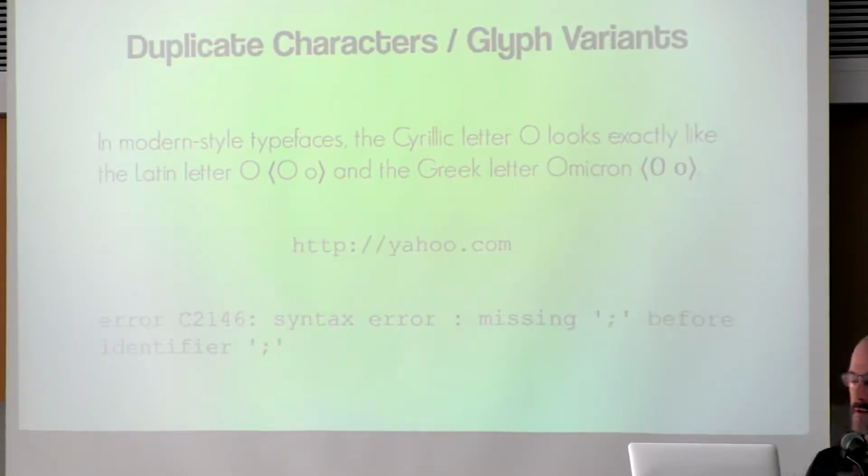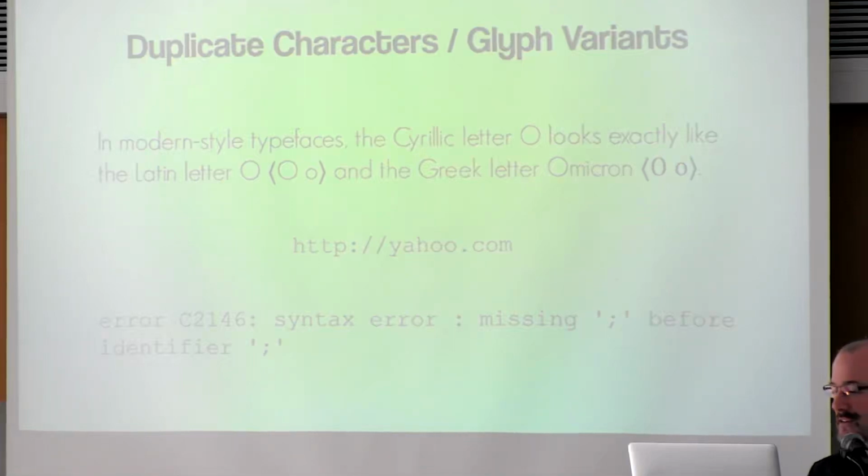Certain characters are also glyph variants. You've probably seen some spoofing attacks where, say, the Greek Omicron was used in place of the Latin O. It was kind of a big deal that led to a whole standard around international DNS names, because people could register yahoo.com with the two O's being Cyrillic or Greek.